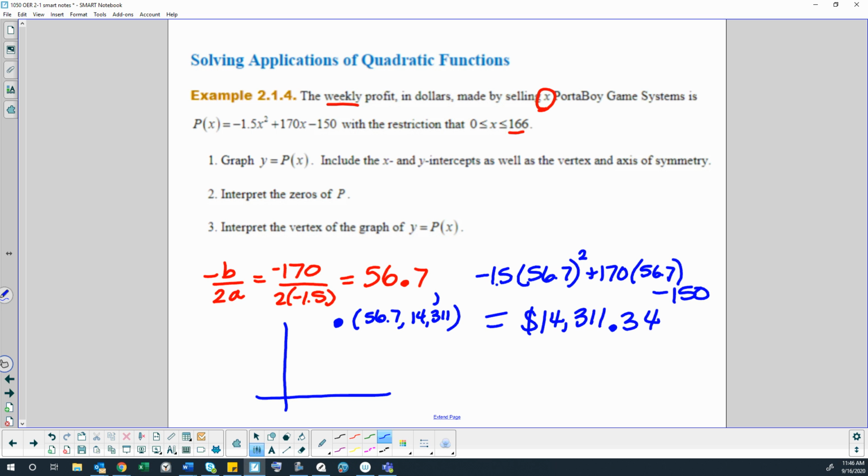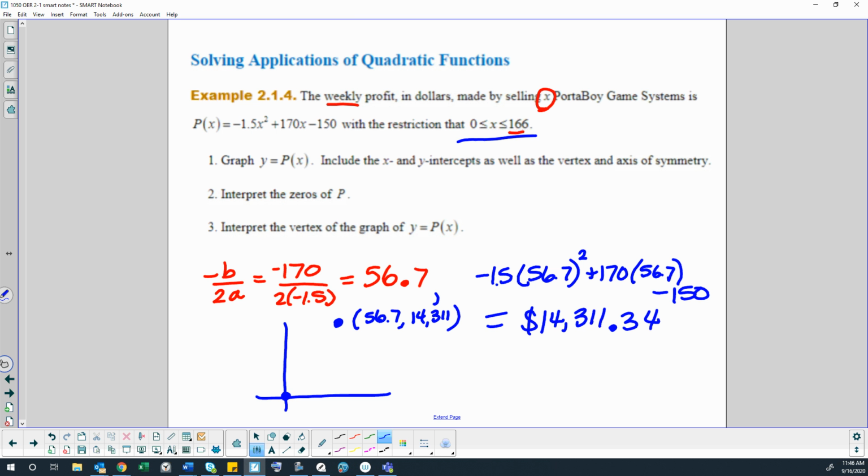What does that tell us about our parabola? Yeah, it's facing downward. Remember, just go x squared, and we have the restriction of 0 to 166.